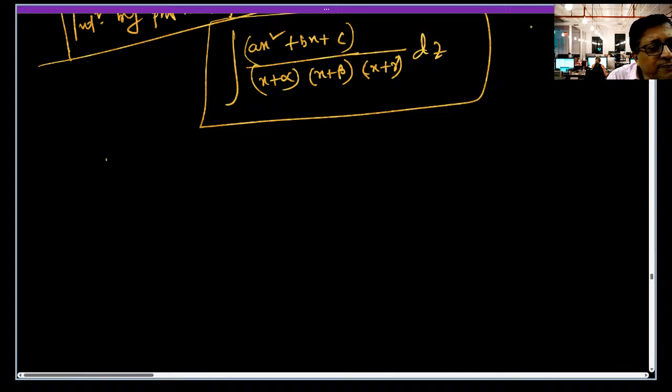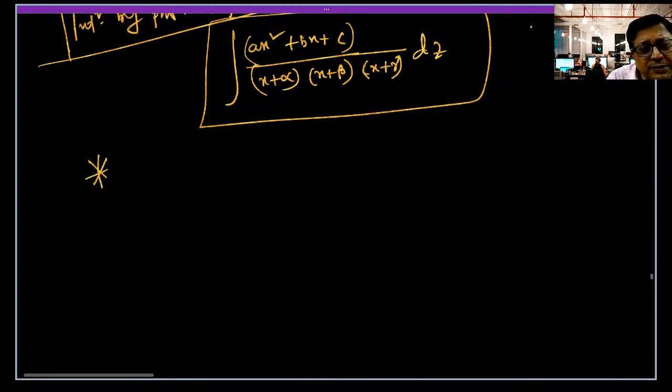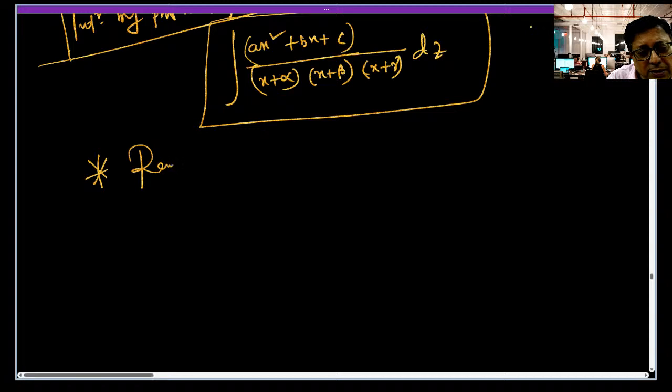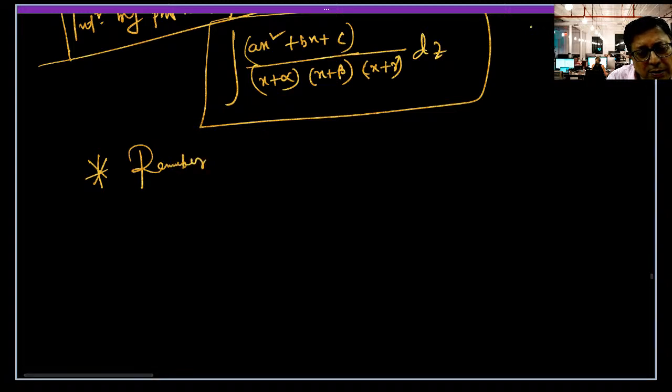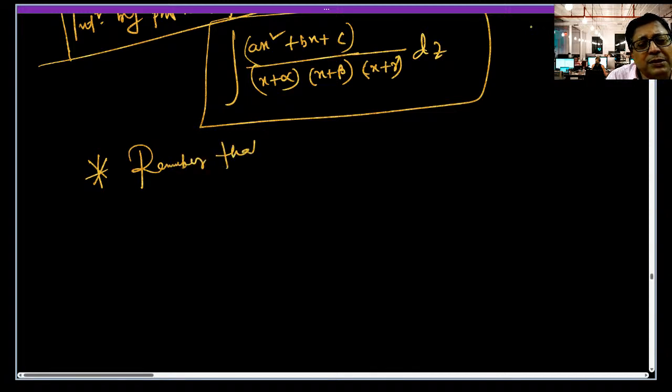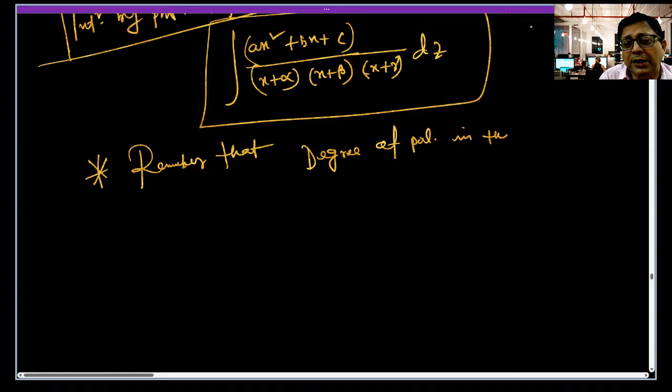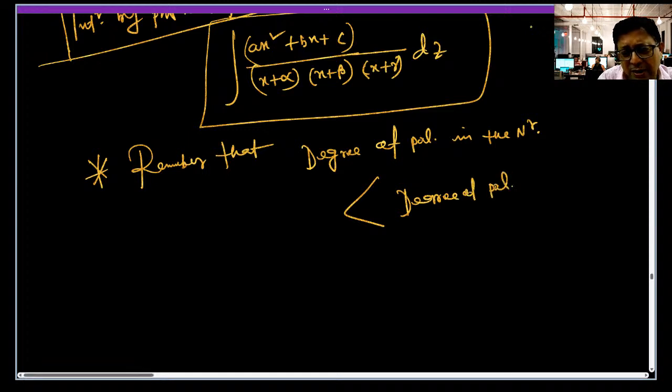So to apply partial fraction, you must remember that the degree of the polynomial in the numerator is less than the degree of the polynomial in the denominator.